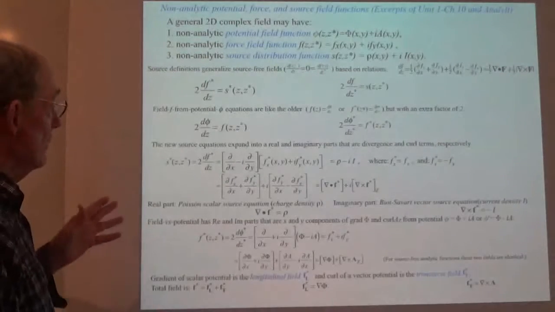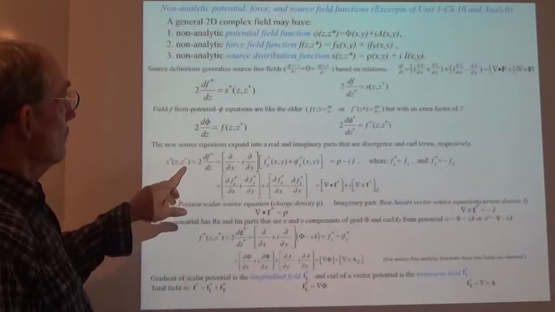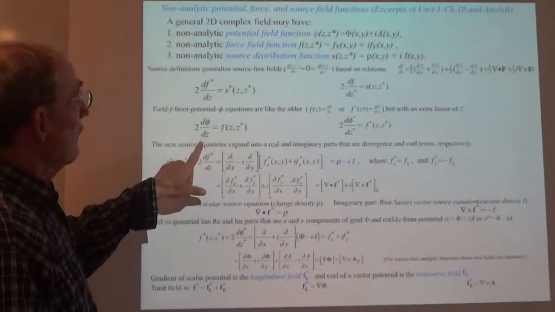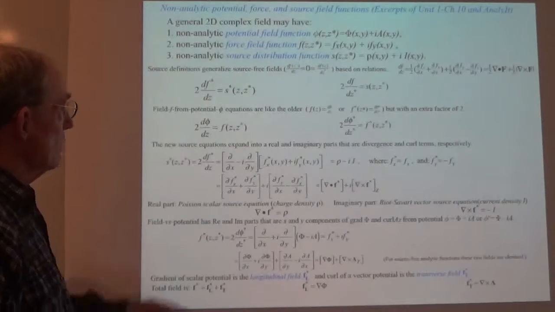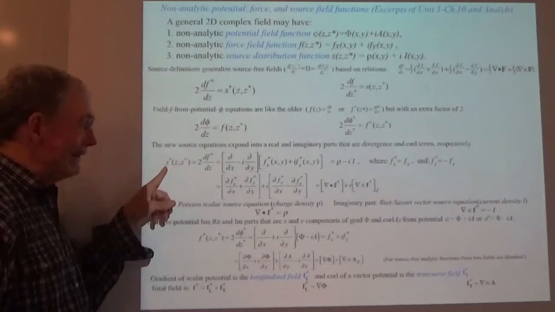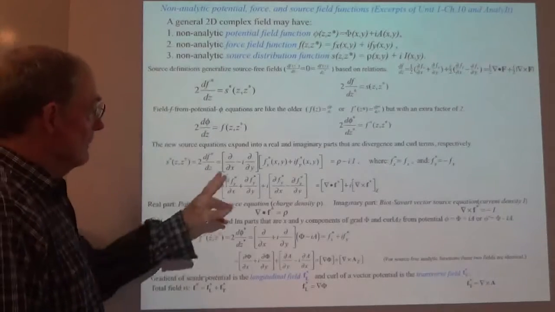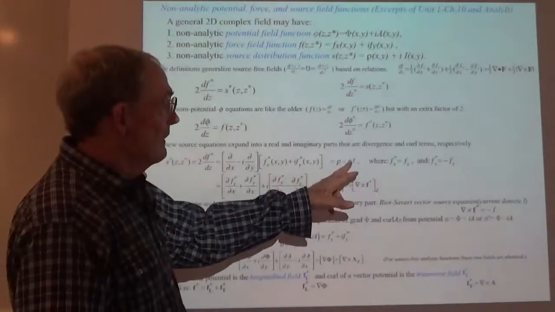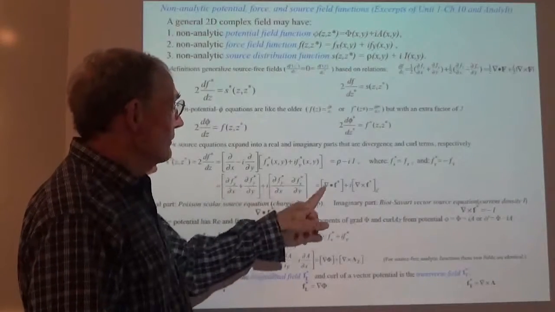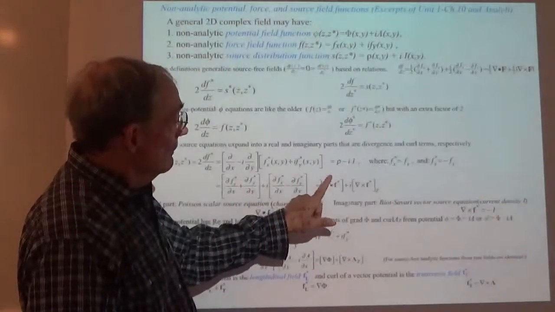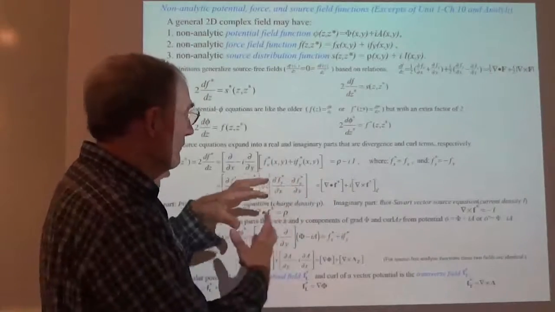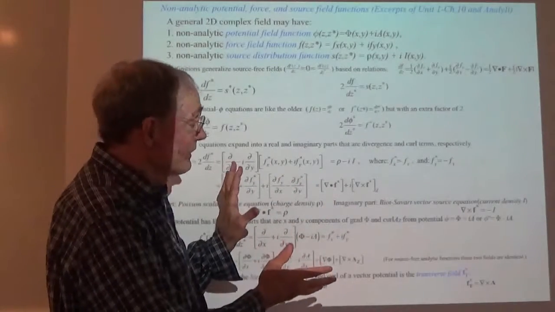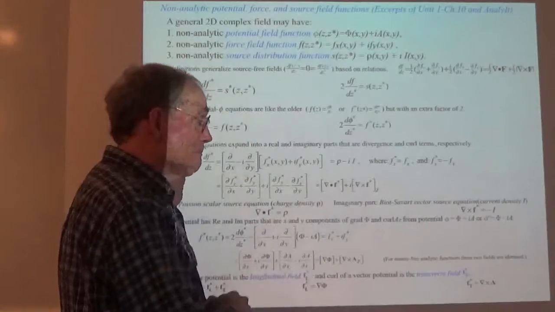Okay? The idea now is that the source will be the derivative of the field. That's the new relationship here. This isn't going to be 0 anymore. It's going to be this. So we make that happen by just writing it down. But the basic idea, of course, is that the real part here will be the divergence of this vector field that we're going to produce, and this will be the curl.